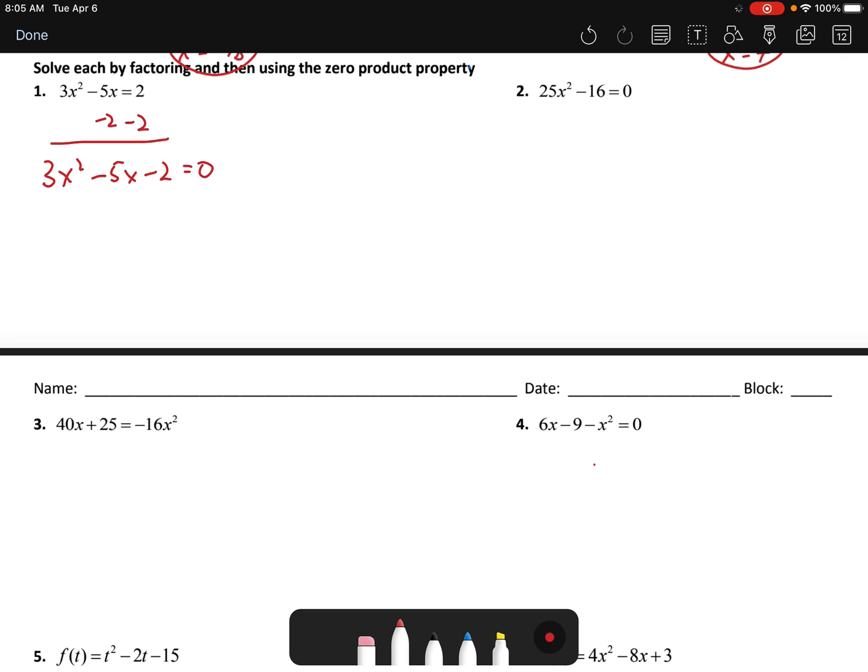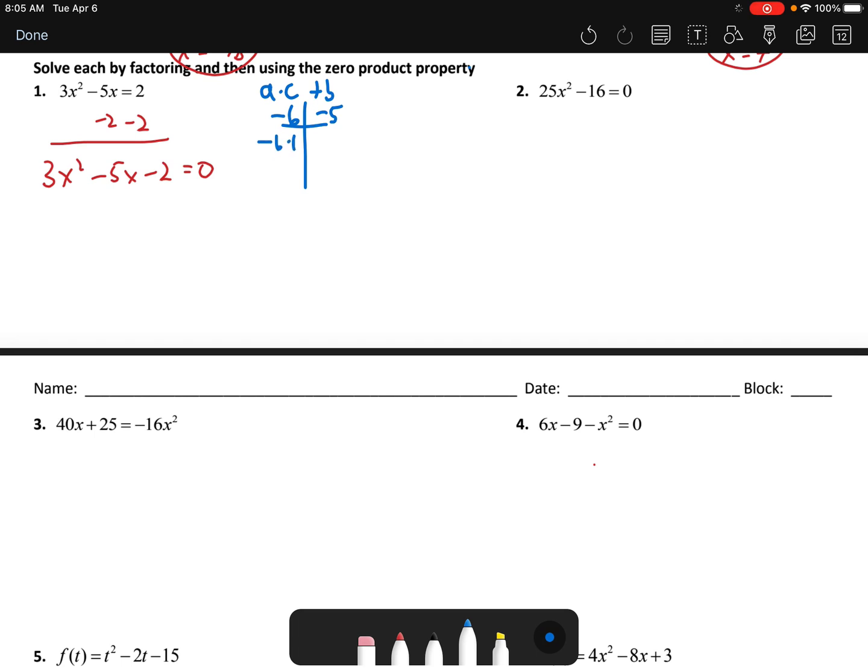Now I'm going to do it the exact same way I did previously. A times C, got to add up to B. So it's exactly the same process. The only thing we add is that zero product property. We set each factor equal to 0 and solve for x. So to factor this, let's see, what would that be?